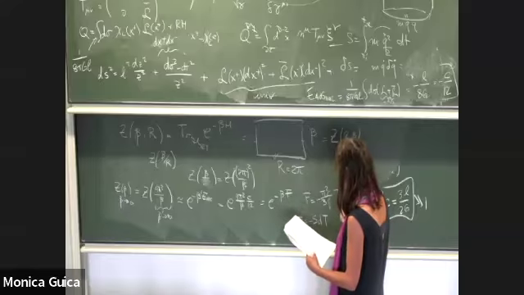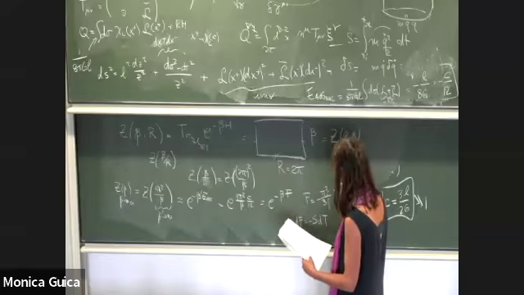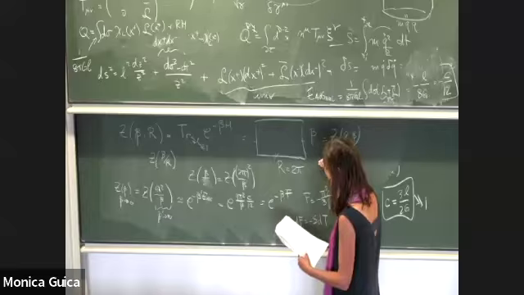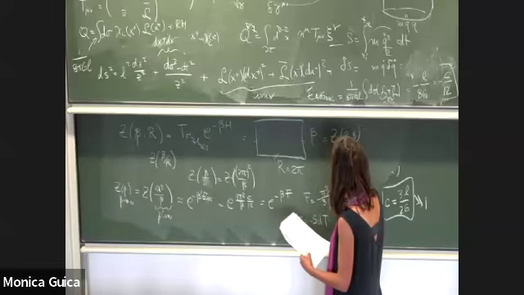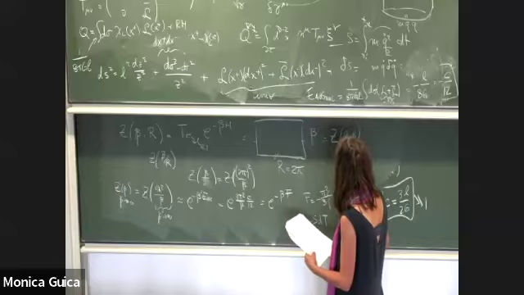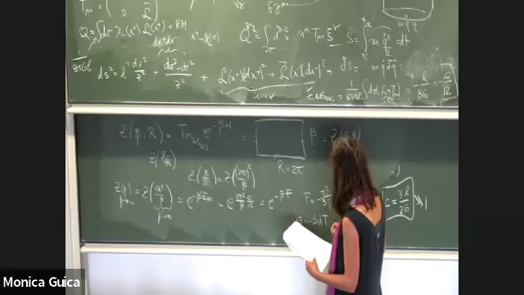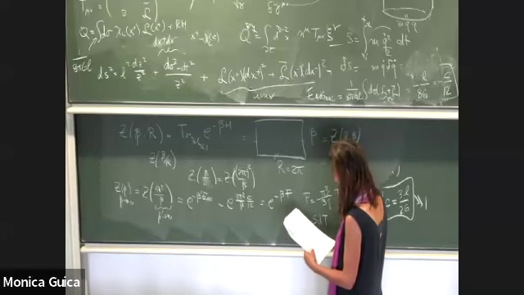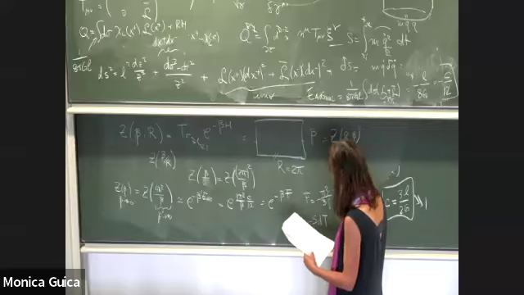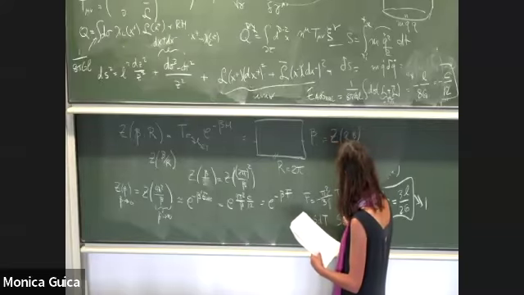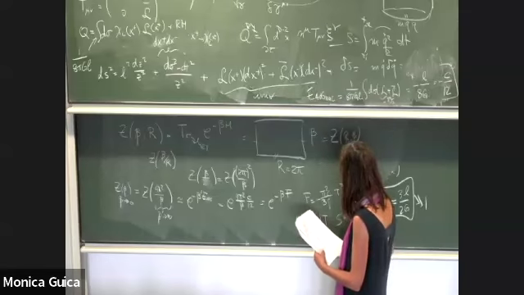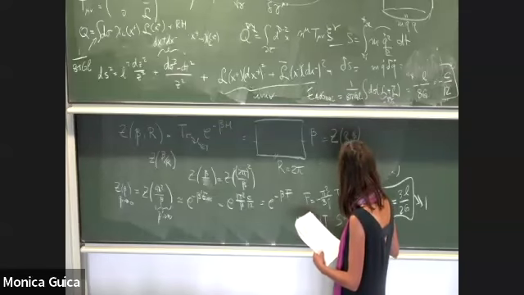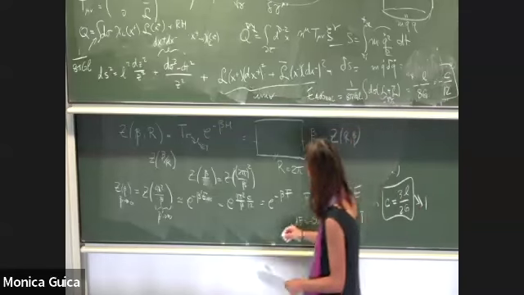Anyways, what you find is that the energy is minus this, and then the entropy, from dF by dT, is just going to be 2 pi squared c over 3 T, and then you write T in terms of the energy.